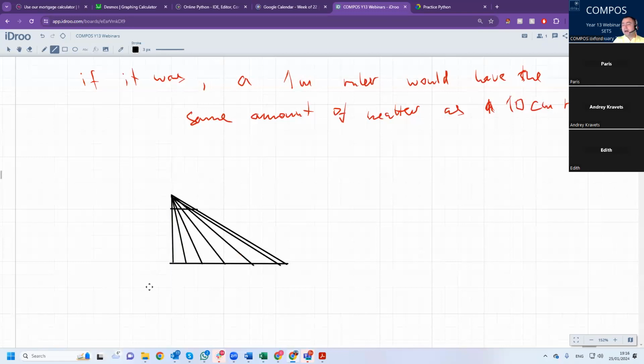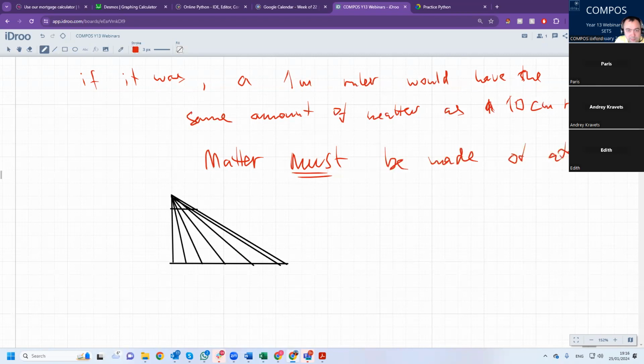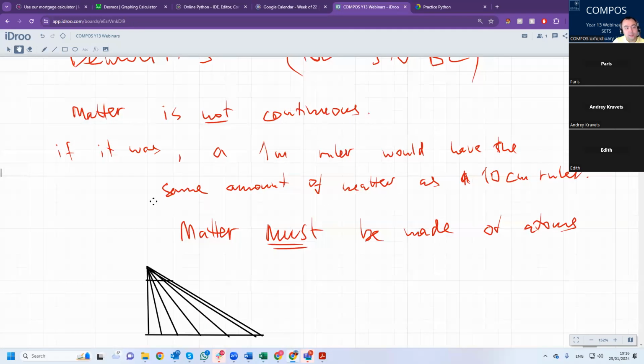So he said matter must be made of atoms, because clearly the longer ruler has more atoms than the short one, and that way you cannot make a one-to-one.